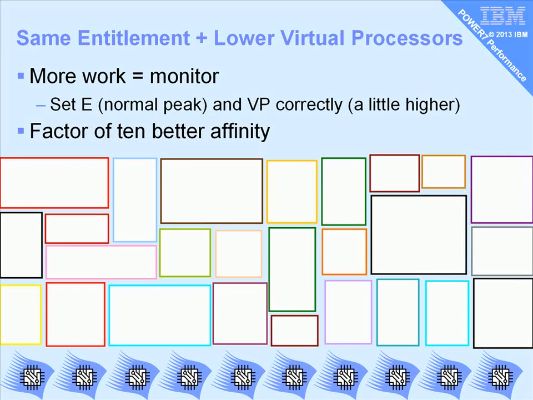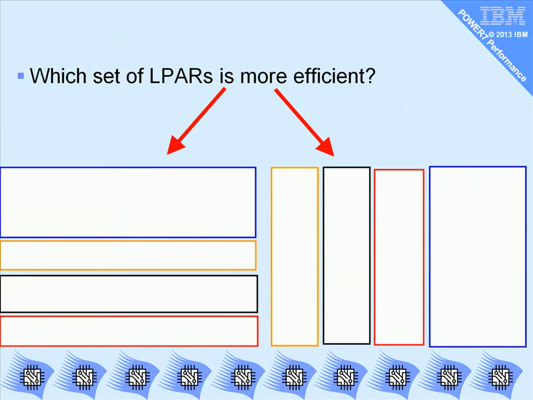Much better affinity. Look at these 2 examples in here. Which set of LPARs do you think's more efficient? This guy's got dedicated caches in the CPU, dedicated memory, local transfers. These guys have maybe unnecessary memory transfers across the machine and are competing for clock cycles and level 3 cache. It's obvious when you look at it in a diagram like this.